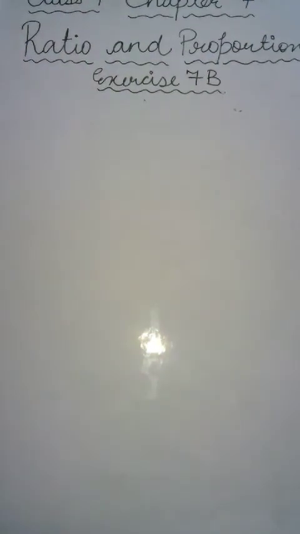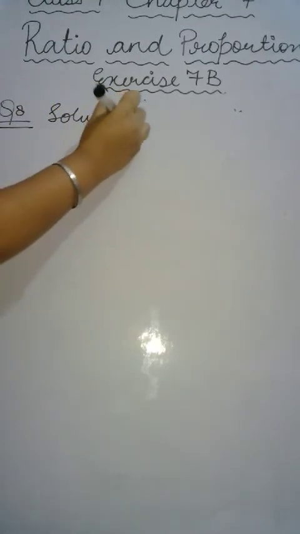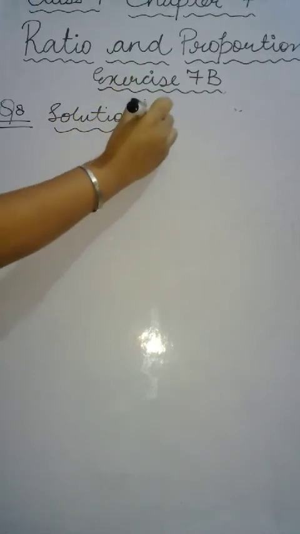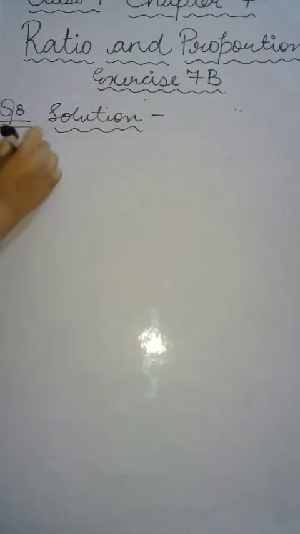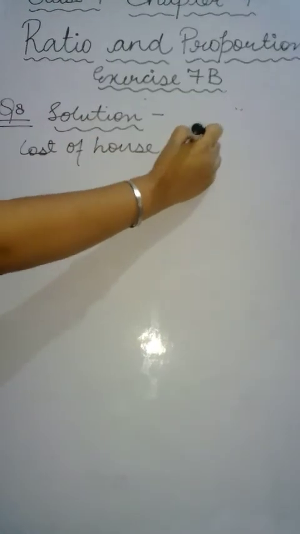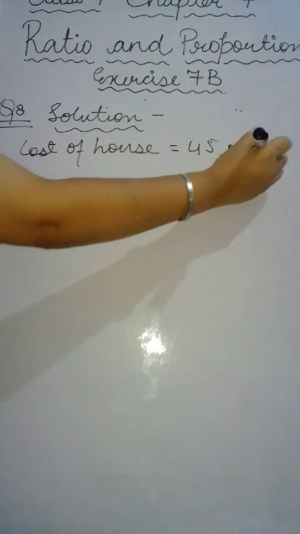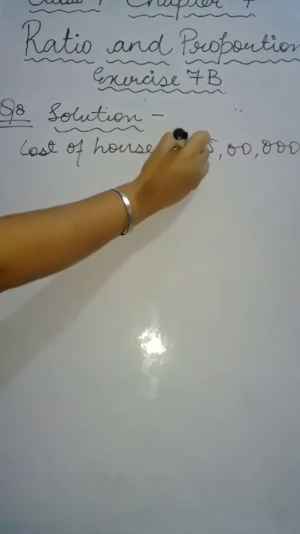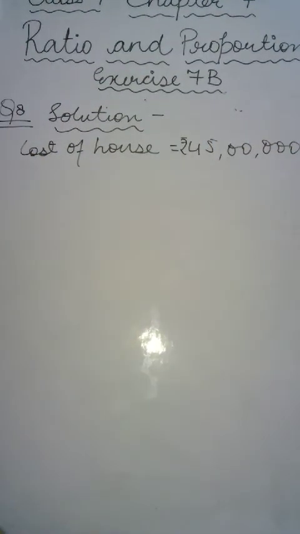Now let's have a look at question number 8. It is a word problem. It says two friends bought a house for rupees 45 lakhs. Now what is the solution? Cost of house, 45 lakhs. Next, they have given you that Neeraj paid 20 lakh.